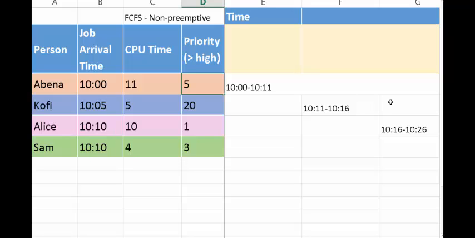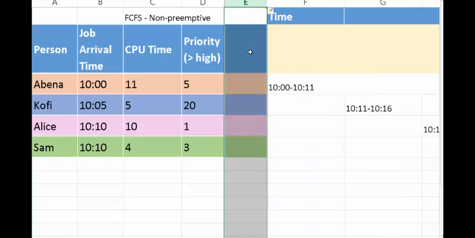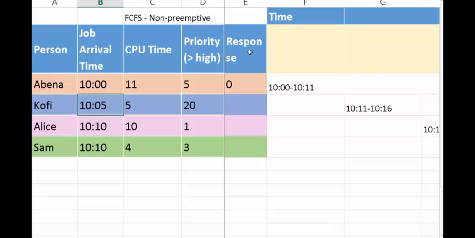What about response time, right? Response time is from the time when someone requests something, so like here 10:00 to when they actually start. So the response times, currently we have 0 for Abena, she didn't wait at all. Kofi wanted to start at 10:05, but got to run at 10:11, so that means there was about 6 minutes waiting.